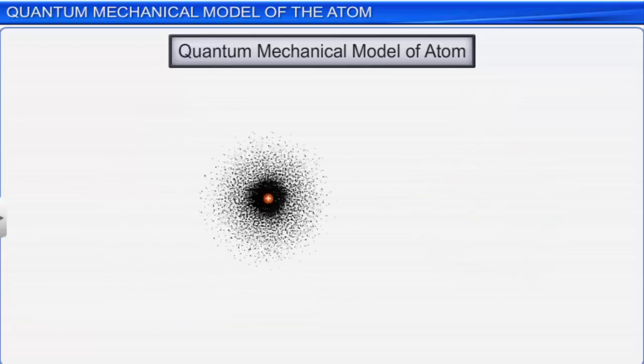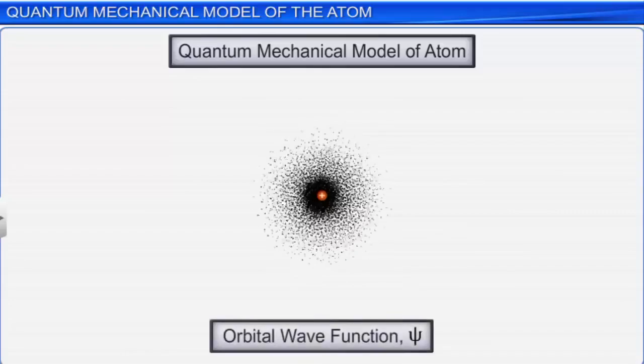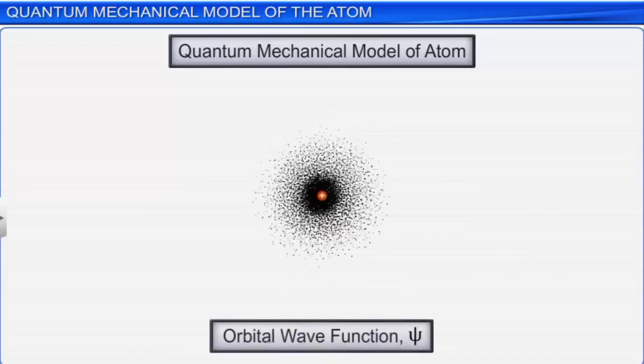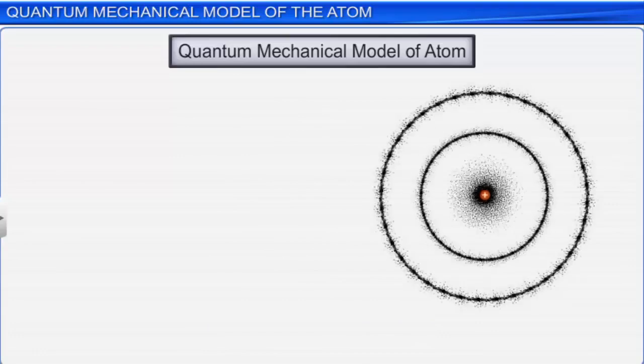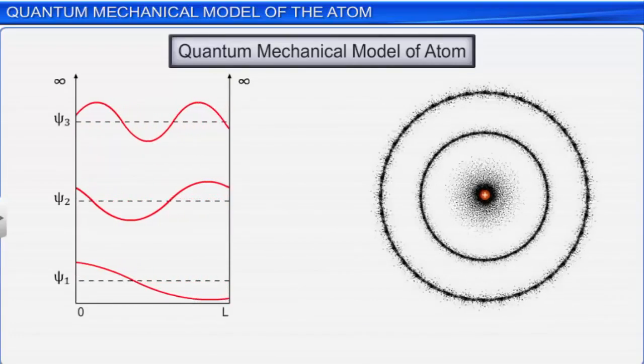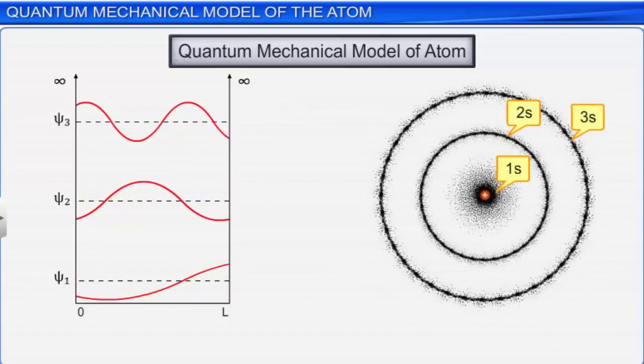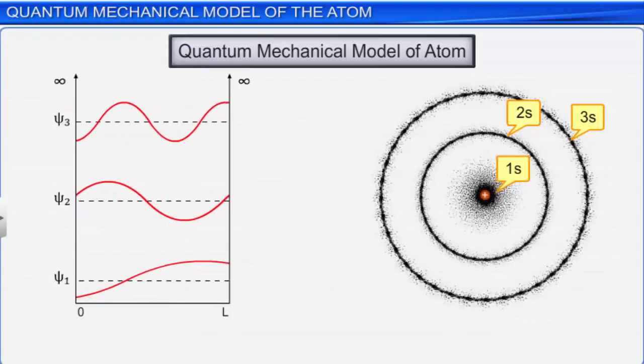The atomic orbital for the electron is given by its orbital wave function psi. There are multiple atomic orbitals in an atom, as an electron can have many wave functions, each of which contains a maximum of 2 electrons.